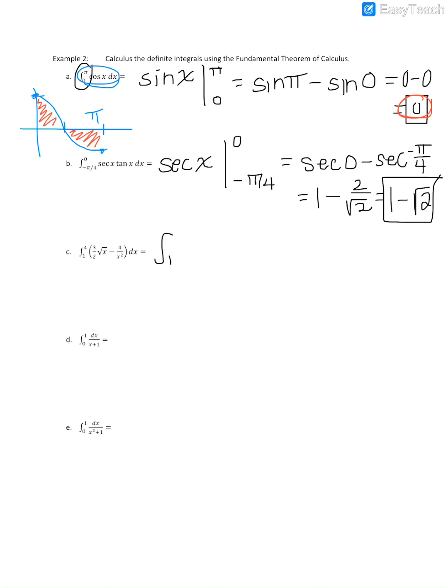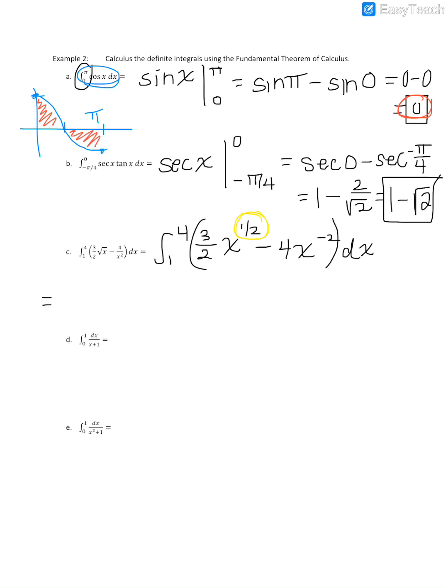Let's try rewriting this first. So we have 3/2 x to the 1/2 minus 4x to the -2. This just makes it easier for me to do my integral. Okay, so here we go. We're going to do our integral. Remember what we do. We add 1 to the exponent.